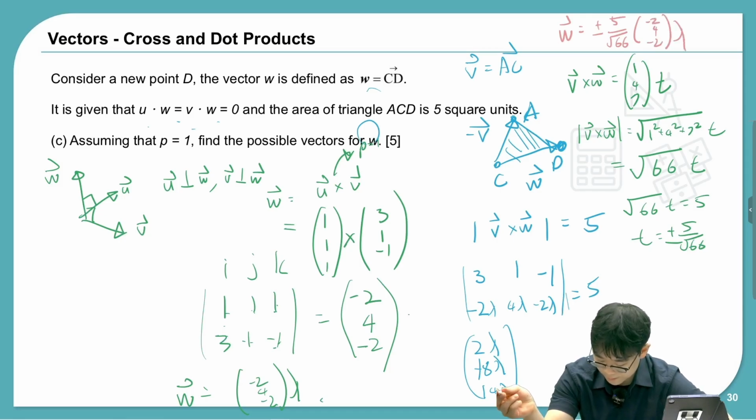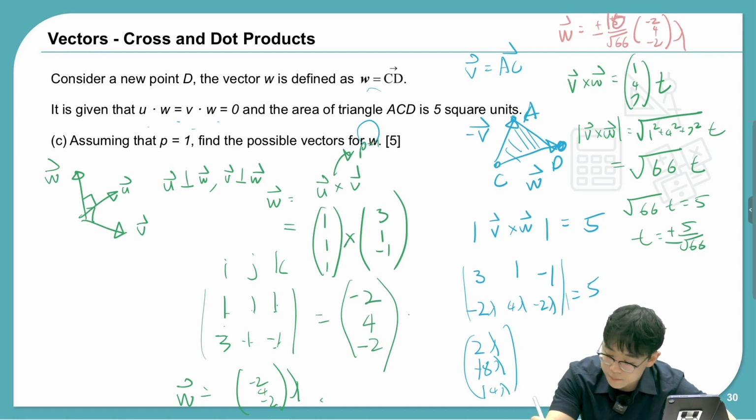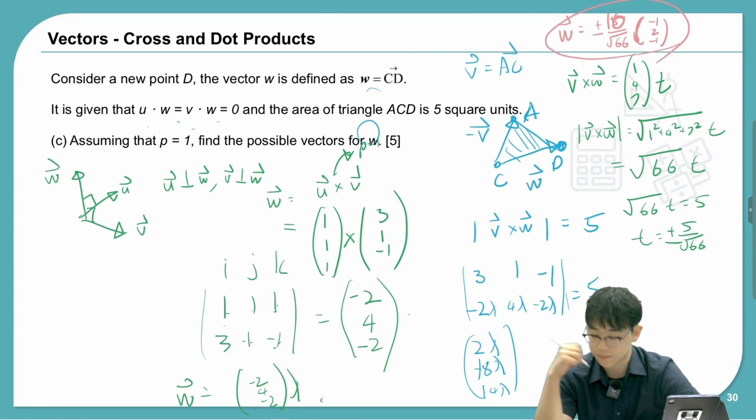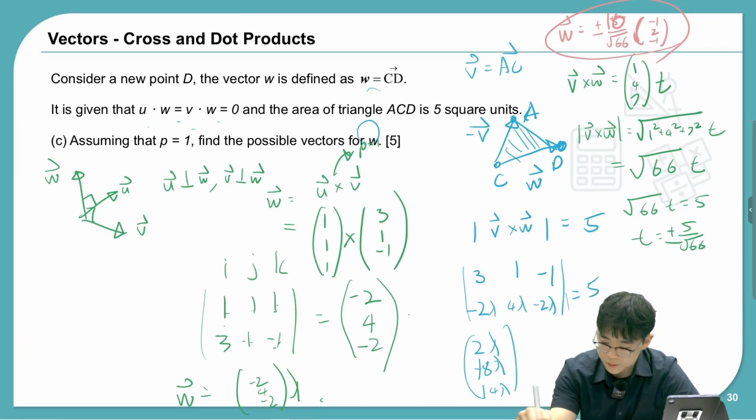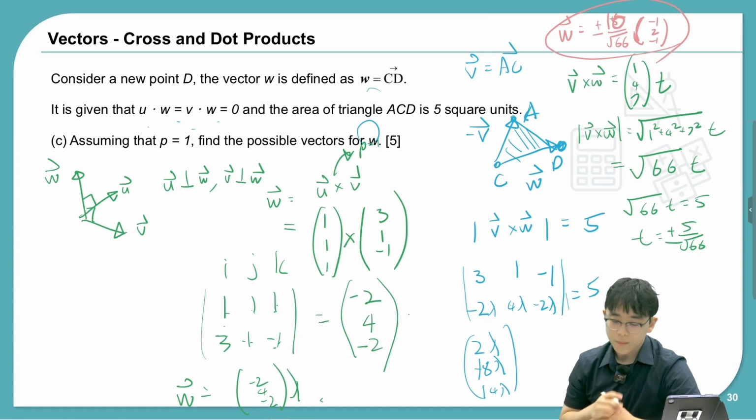Or further simplifying, we could get 10 at the top, so 10 over root 66, and then we would get 1, -2, and 1, or -1, 2, and -1. And we could just call this without the lambda here. So no lambda, no T. This would be the specific vector for w.